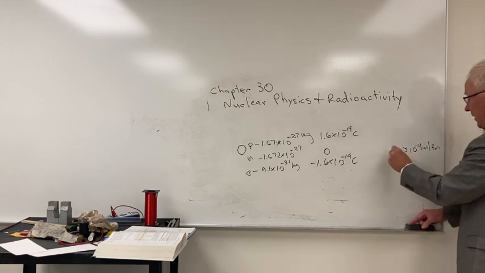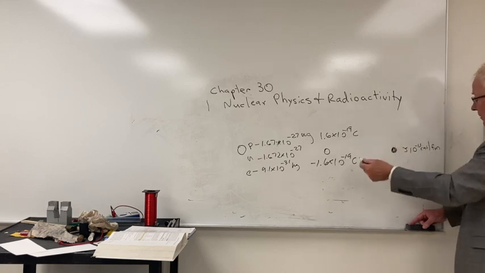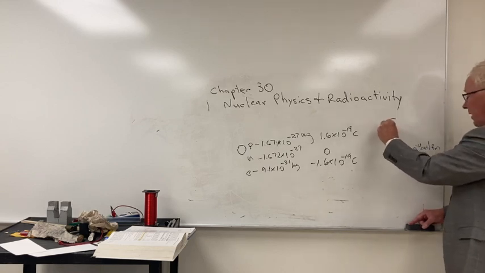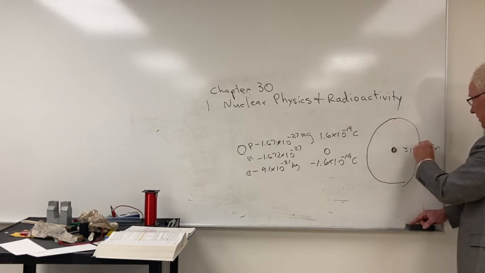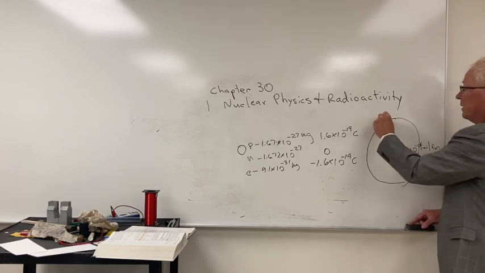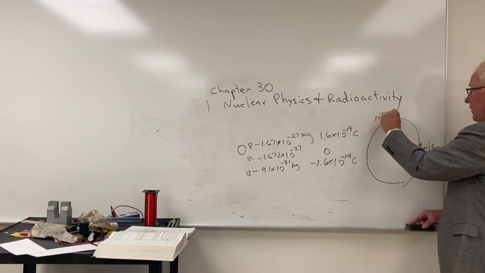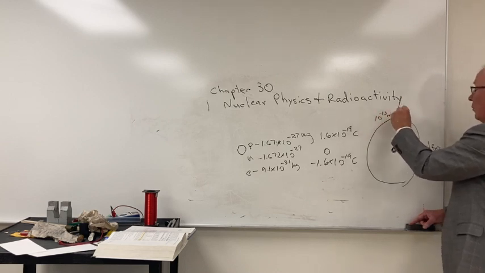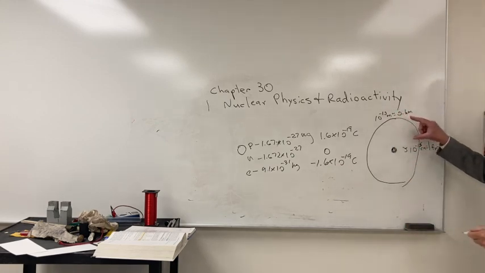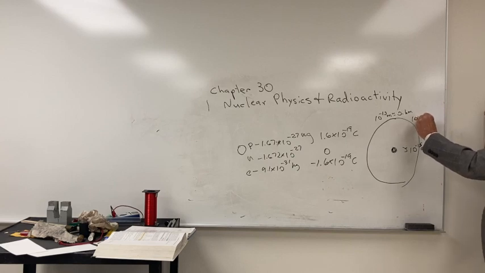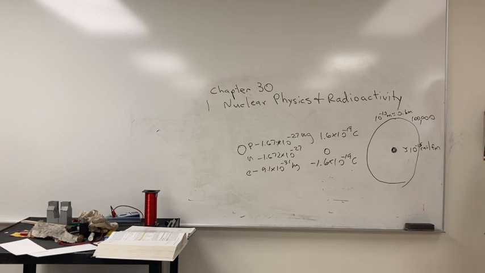And on that same scale, the atom itself, where the electrons orbit, is approximately 10 to the minus 10th meters, or 0.1 nanometers. Now, this is about 100,000 times bigger than this.